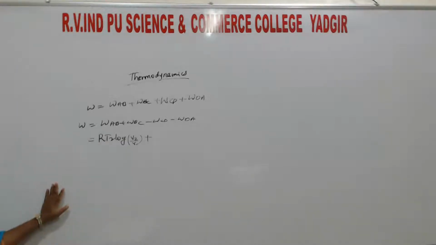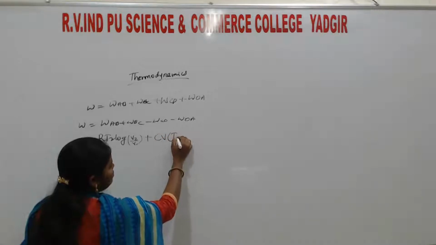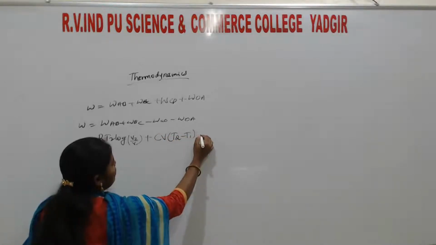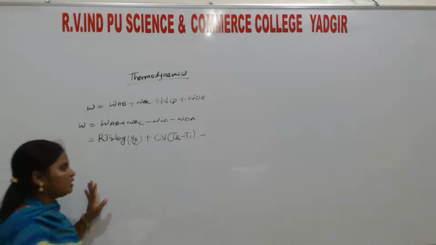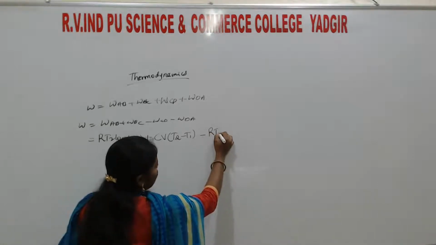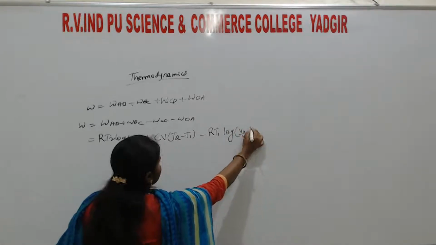You will get T1 minus T2, and you get a positive T2 minus T1. CV into T2 minus T1, minus WCD. WCD is RT1 log of V4 by V3.